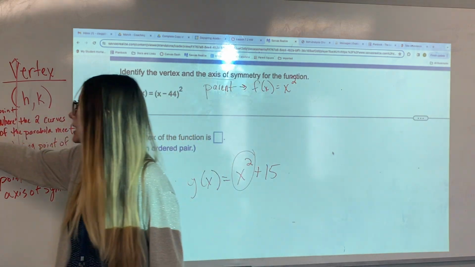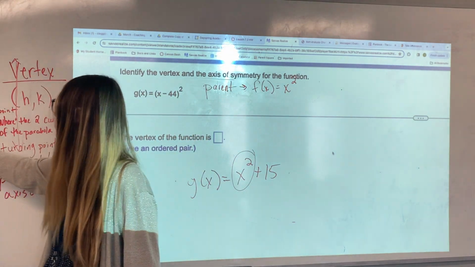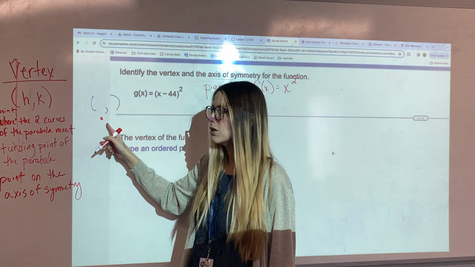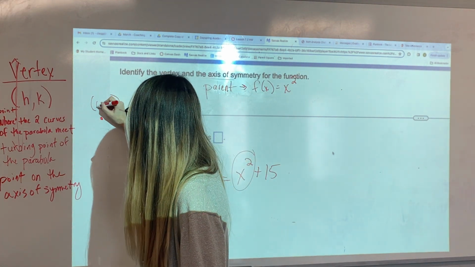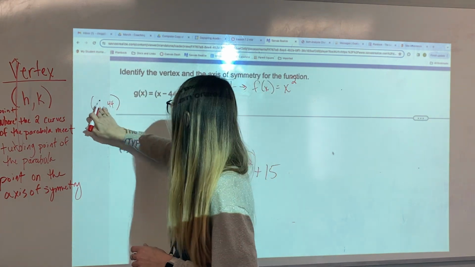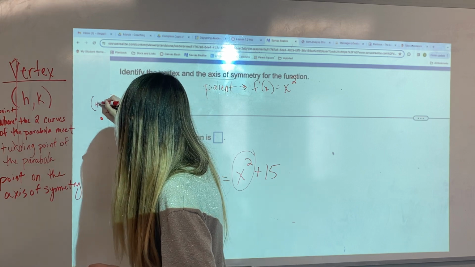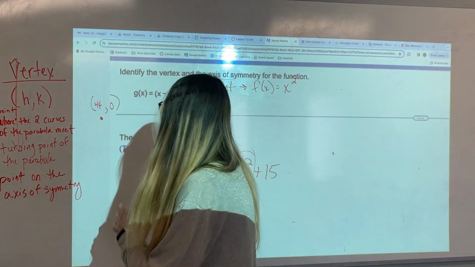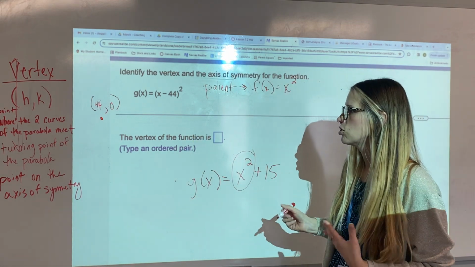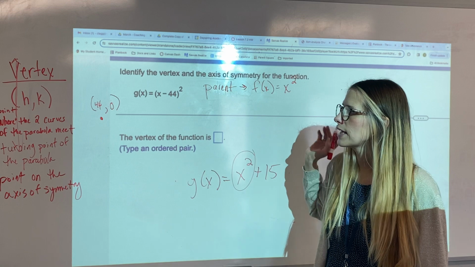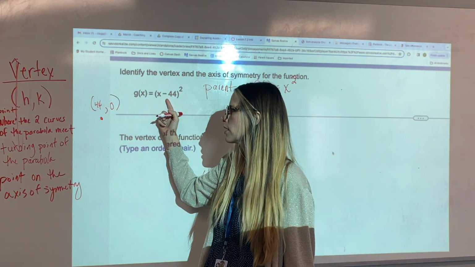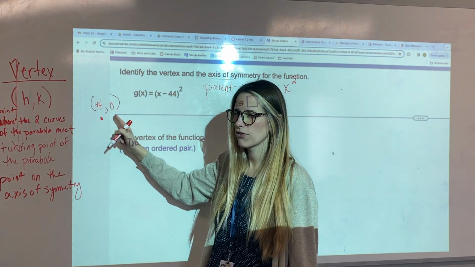I went from 0 to 44 on the x-axis. So you're saying the x value is 0 and the y value is 44? Switchies, right? So the x value is 44 and the y value is 0 because it does not shift upward or downward, it's just shifting to the right 44 units. To the right because it's negative. I know that sounds weird. So this is the vertex.